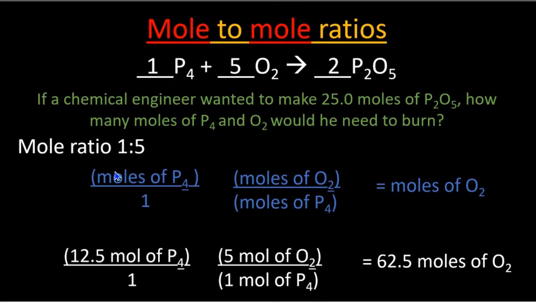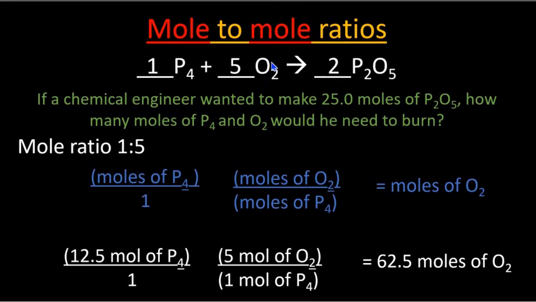Okay, we created a mole ratio, which is just a comparison of these. So what it means is for every 1 P4, you have 5 O2s. If you want to go crazy, for every 1 P4, you have 2 P2O5s.